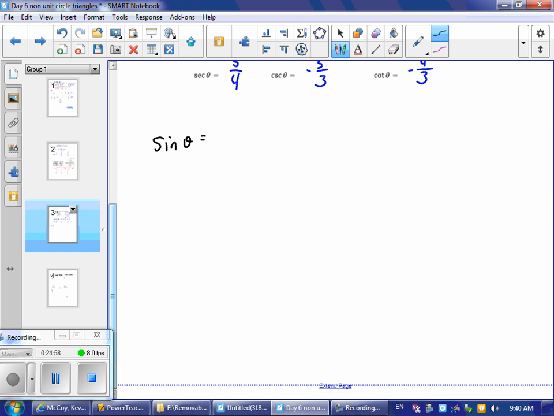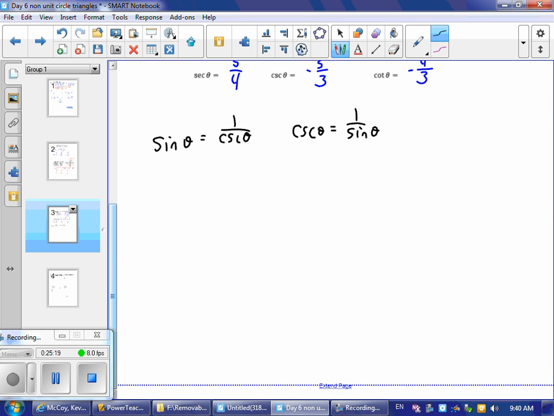Sine is the reciprocal of cosecant, it is 1 over the cosecant. Or, likewise, cosecant would be 1 over sine. Okay, that's the way the reciprocal properties work. One is the other one flipped over.